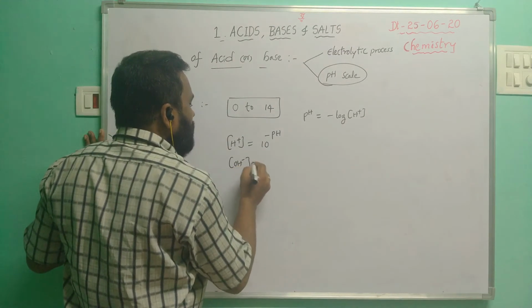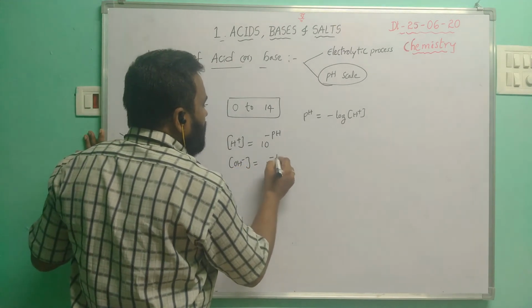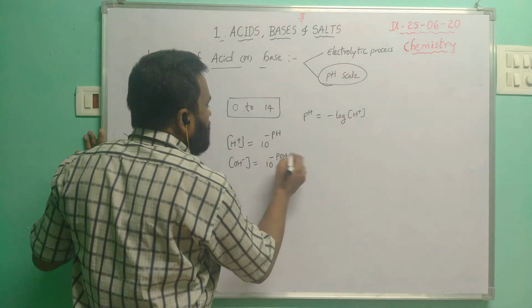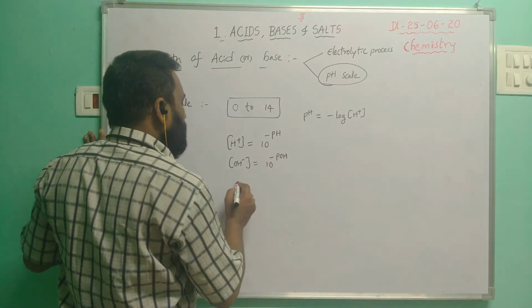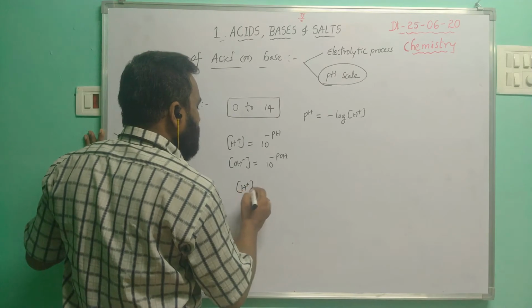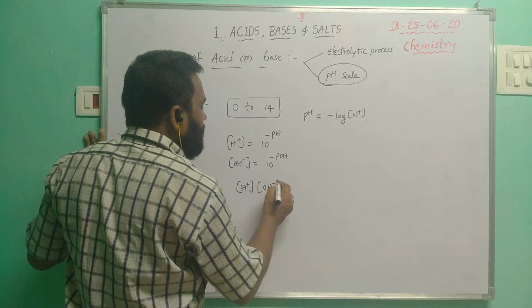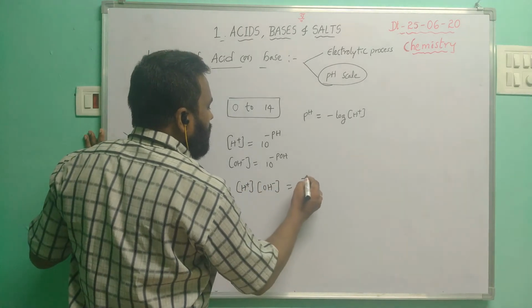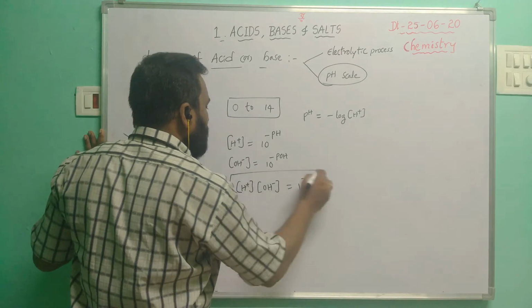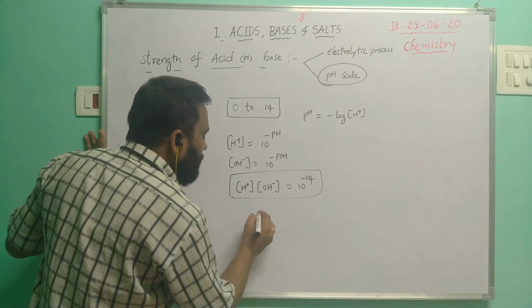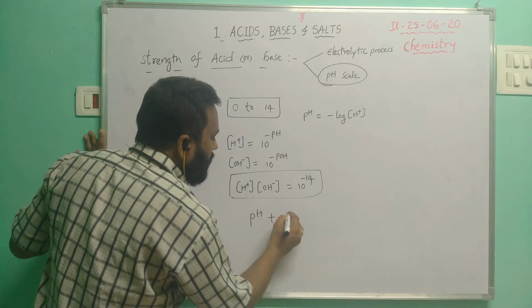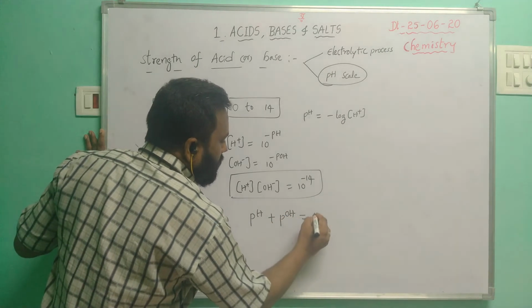OH minus equals 10 to the power of minus pOH. H plus ion concentration times OH minus ion concentration equals 10 to the power of minus 14. And pH plus pOH equals 14.